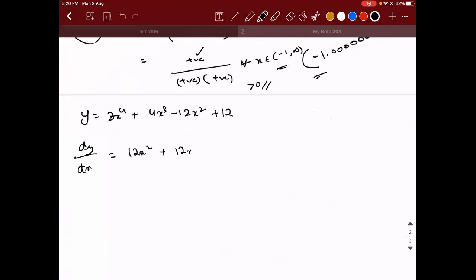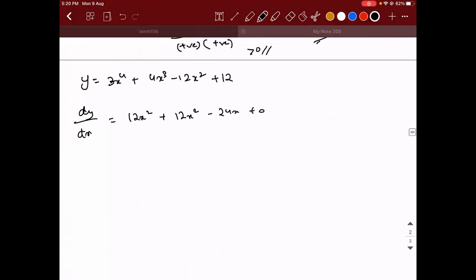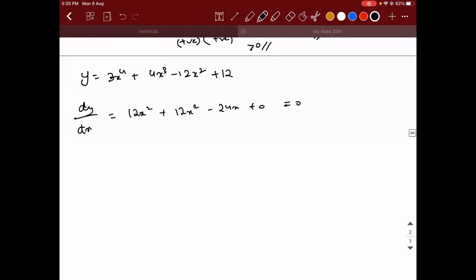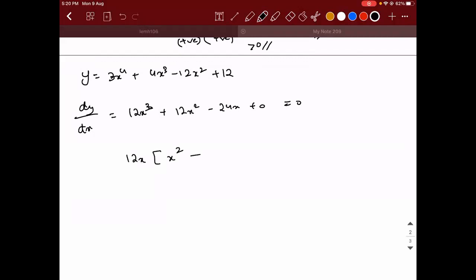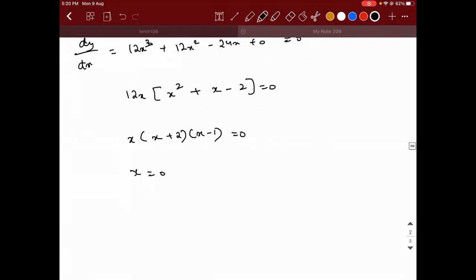It is 12x cube plus 12x square minus 24x plus 0. If I take 12x outside, it is x square plus x minus 2, which is equal to 0. So 12 I can take to the other side, and I'm left with x into x plus 2 into x minus 1 equal to 0. What are the critical points I'm getting? x is equal to 0, 1, or minus 2. So I'm getting 3 points.